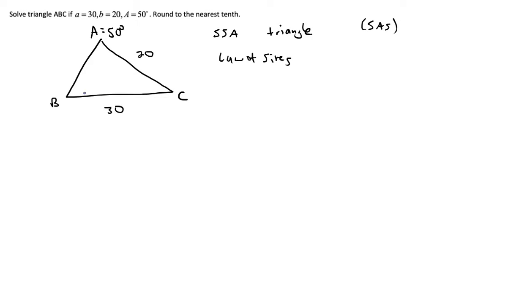First, we should set up the law of sines based on the given values. The sine of A divided by its opposite side is equal to the sine of B divided by its opposite side, which is equal to the sine of C divided by its opposite side.